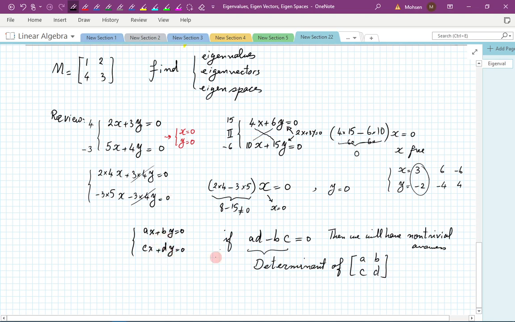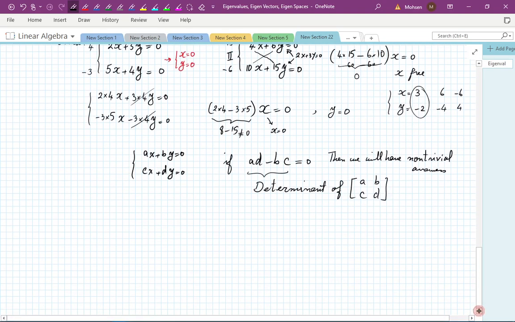So if this quantity is not 0, like here 2 times 4 minus 3 times 5, this was of course minus 7, that's not 0, so you're forced x to be 0, y 0. In this case, that factor became 0 and x became free. You choose x free and then y is determined and so on. Okay, that's the foundation. Now let's see.